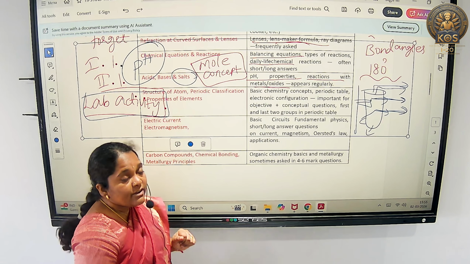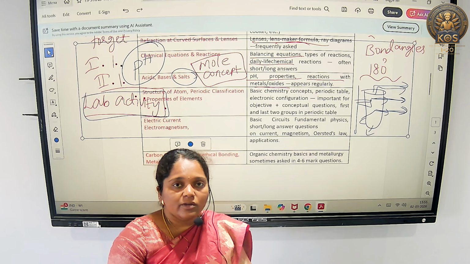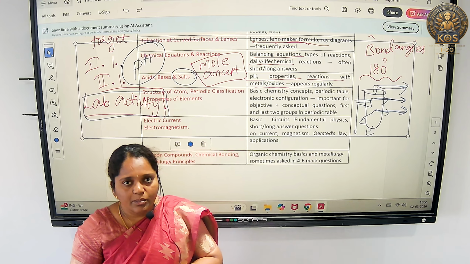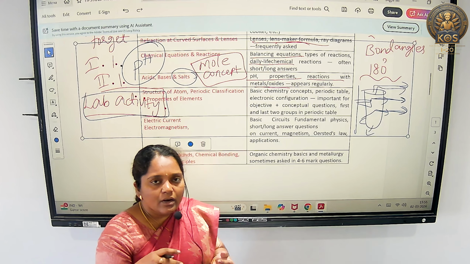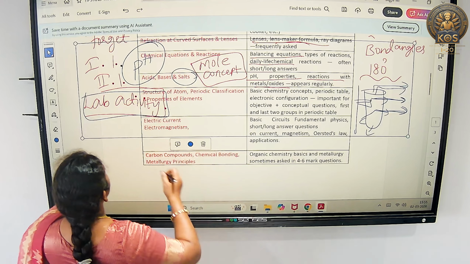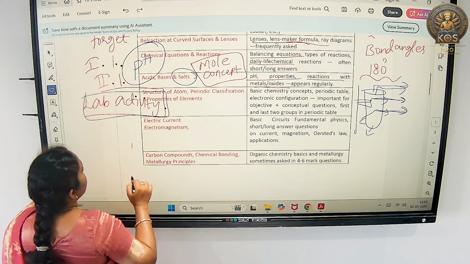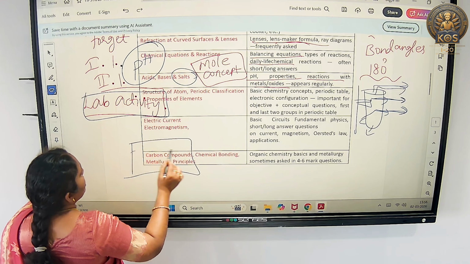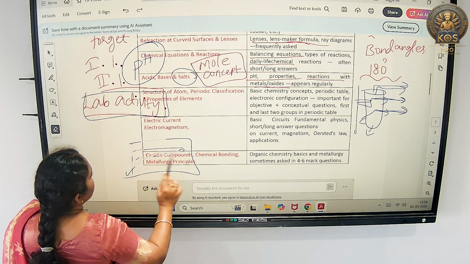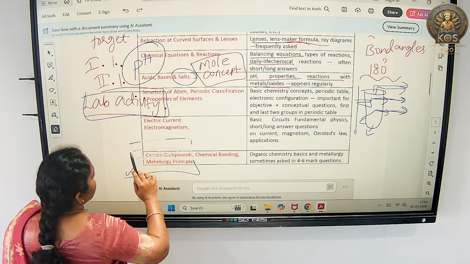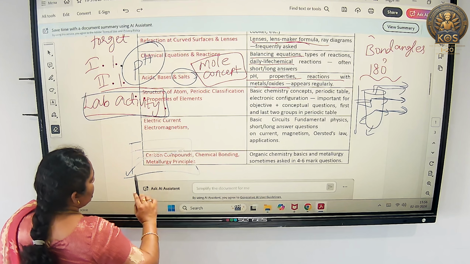Structure of atom. In structure of atom, we have some rules like Hund's rule, Pauli's exclusion principle, and Aufbau principle. They may not ask a direct question, they may mention it like this: there will be a table given. In the table they will give the quantum numbers or the principle regarding it.